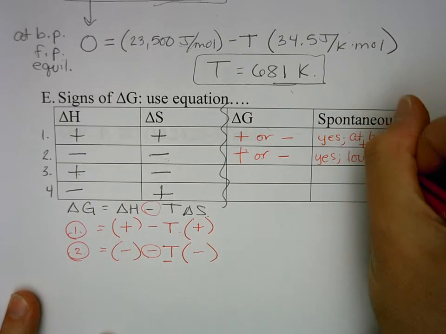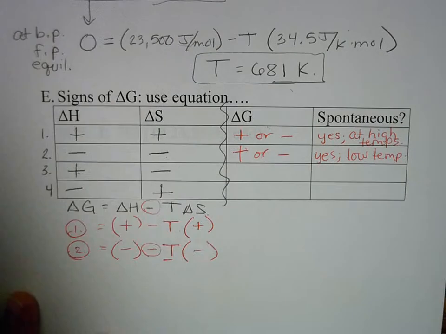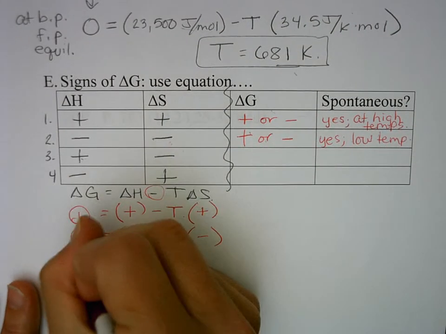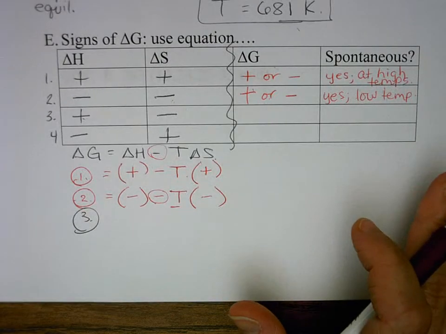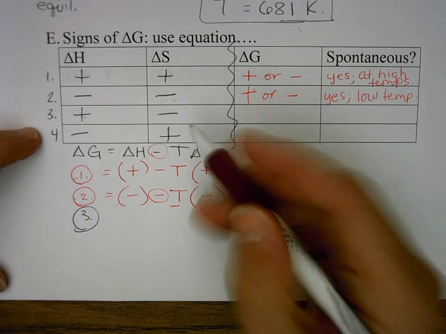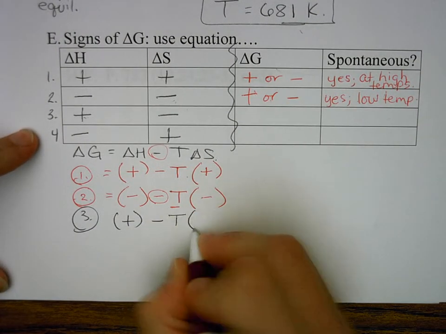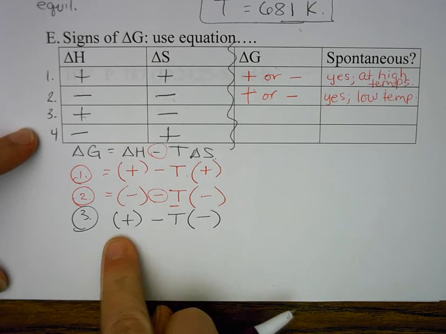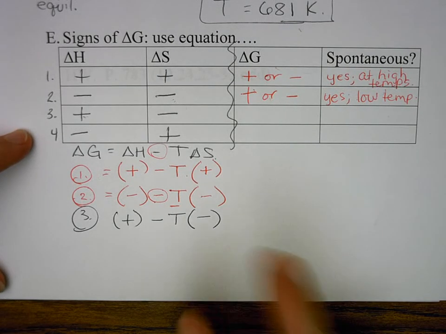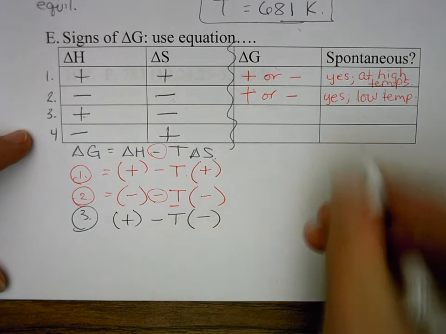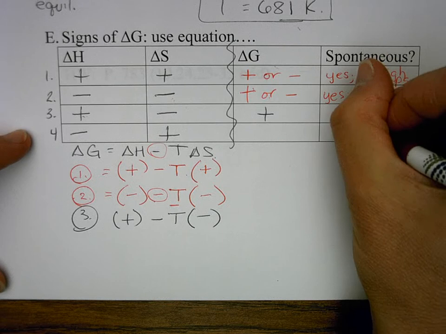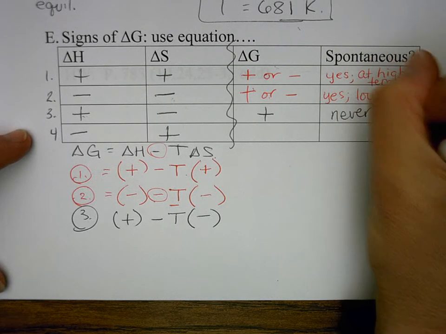Okay, for number 3, a positive and a negative. So a positive number minus a negative number is always going to give you what answer? A positive answer. So it is never spontaneous.